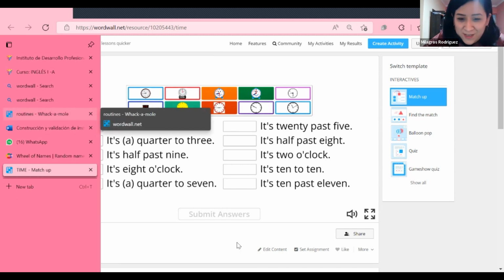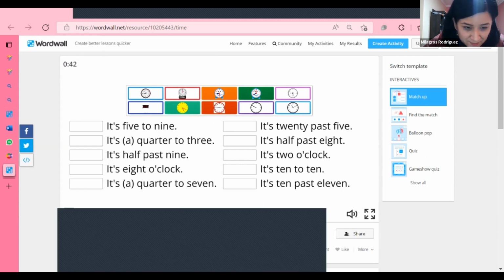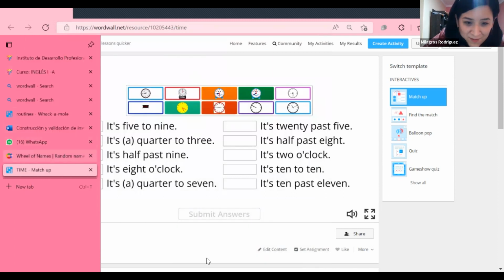So now, vamos a dejar esto aquí, porque luego lo vamos a conectar con el tema de las rutinas. Ok, entonces vamos a conectar un poco nuestra rutina con la hora, ¿no? A qué hora hacemos tal o cual cosa.